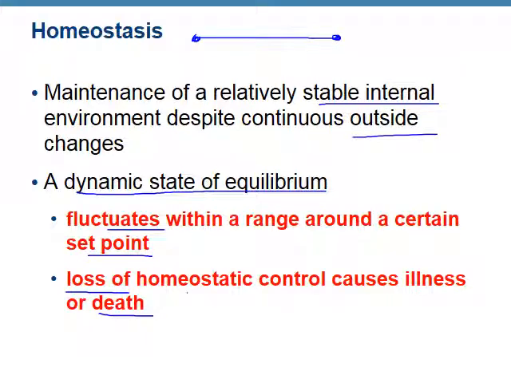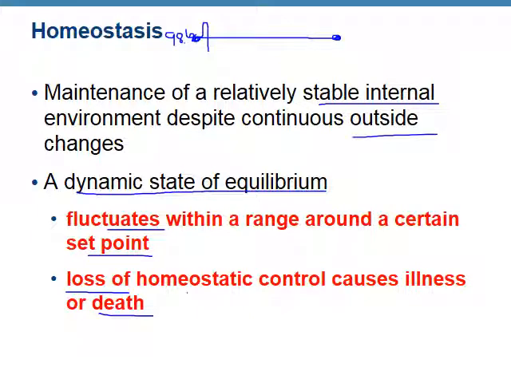Let's do body temperature. What do we want our body temperature to be around? We want it to hover around 98.6, right? So let's say you go outside and it's 105. Maybe your body temperature will go up a little bit. Maybe it'll go up to 99. You have internal mechanisms that try to bring that body temperature back down. We call that sweating. Let's say it's cold outside and you walk outside without a jacket on.